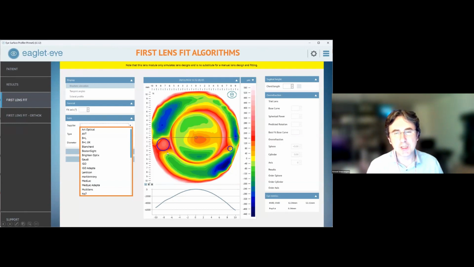And what you can see here is these blue circles. It's basically an algorithm that automatically detects pinguiculae. And so it highlights them for you as the practitioner to assess them, to see if they are high enough, and whether you should, together in collaboration with the lab, do something about it, either through a notch or a microvault, or there's various forms of solutions offered by the various labs.